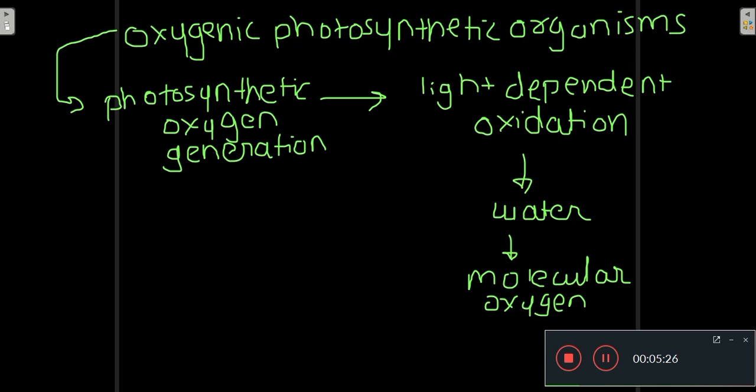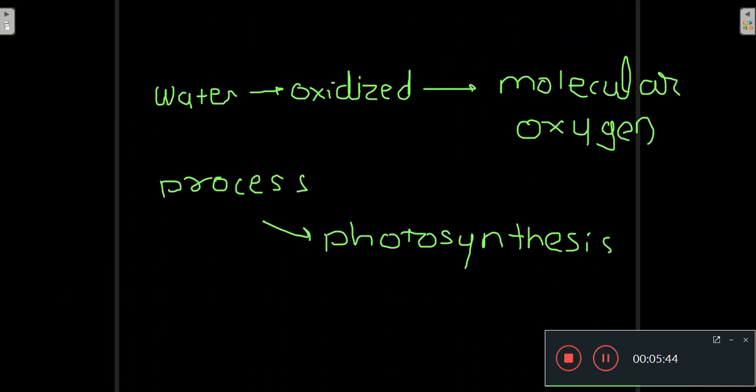In oxygenic photosynthetic organisms, photosynthetic oxygen generation is done with the help of light dependent oxidation of water into molecular oxygen. It simply means that water is oxidized into molecular oxygen during photosynthesis.